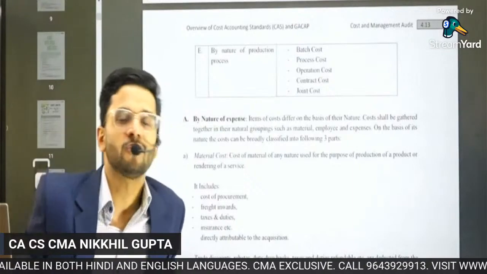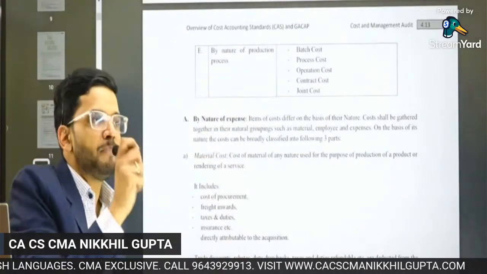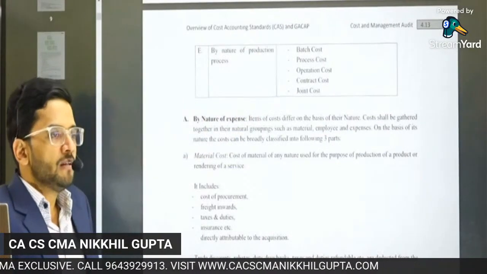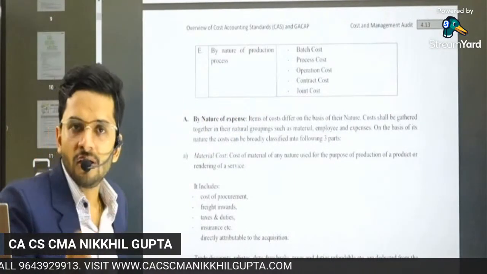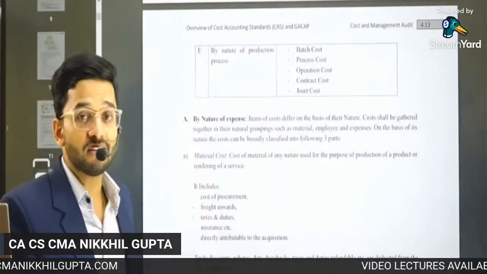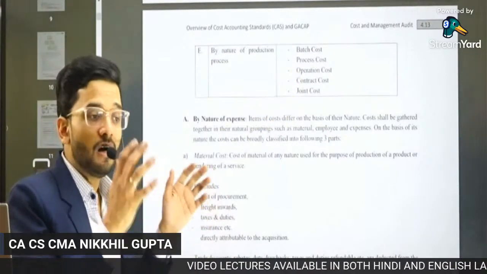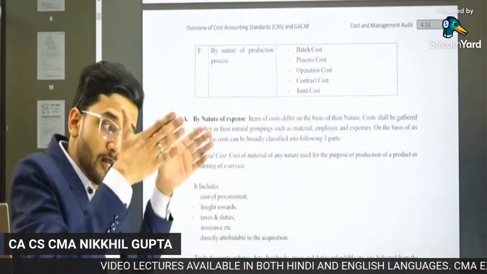So the entire batch was withdrawn. This is the benefit of batch costing. Even if the bread is faulty, if it doesn't have proper flour in it, the entire batch can be recalled. That's why industries like FMCG work purely on batch costing, which means they accumulate all the cost relating to a particular batch at once.